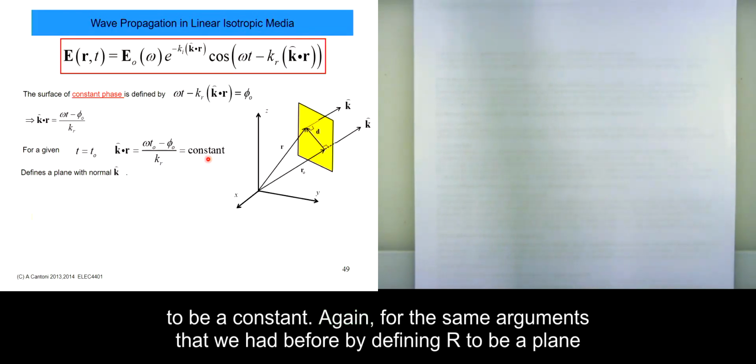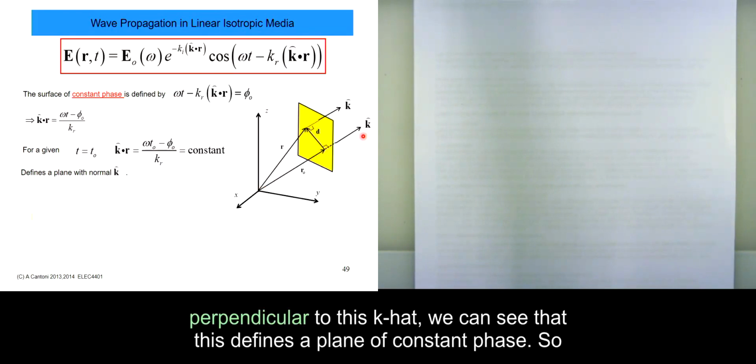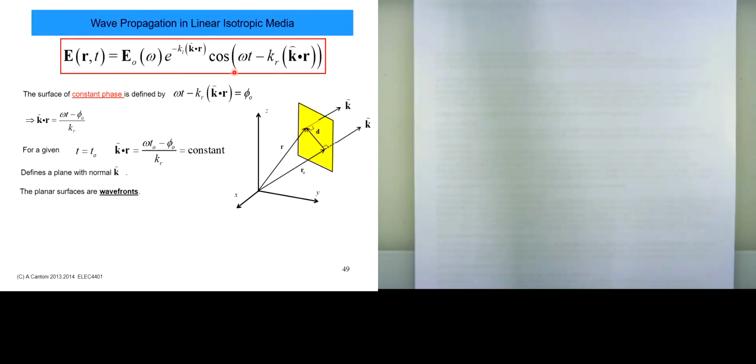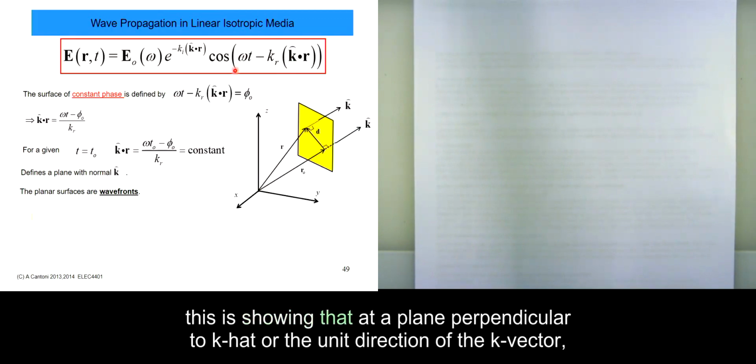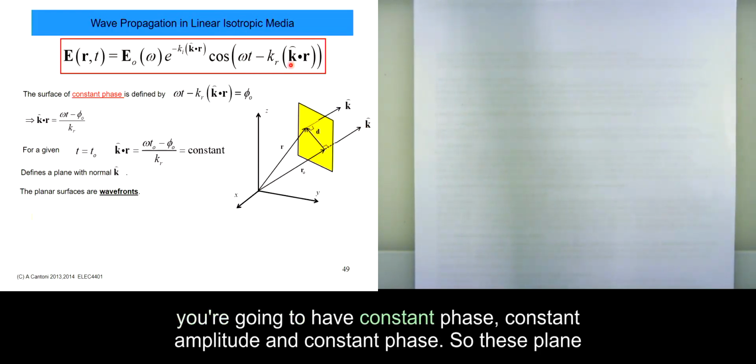From the same arguments as before, by defining r to be in a plane perpendicular to k hat, we can see that this defines a plane of constant phase. So at a plane perpendicular to k hat, the unit direction of the k vector, you're going to have constant amplitude and constant phase.